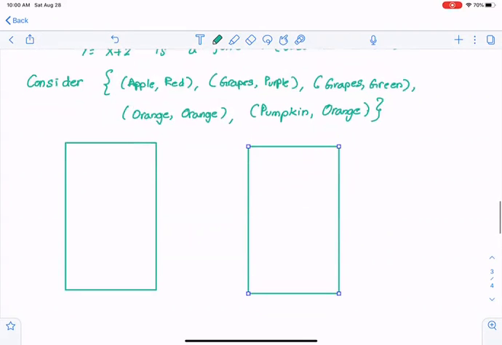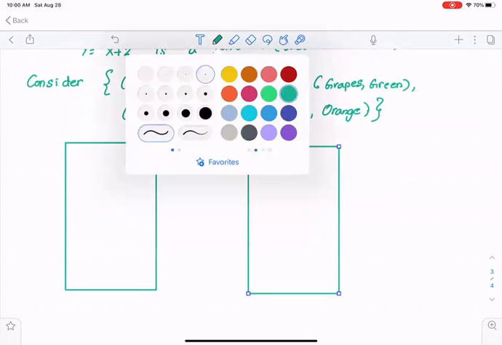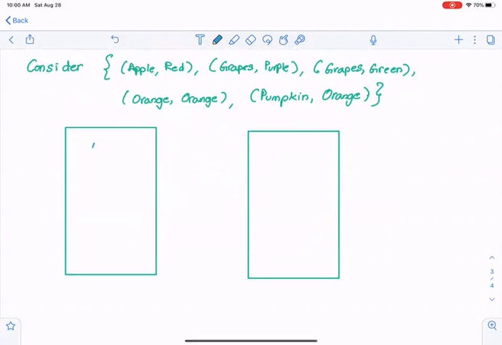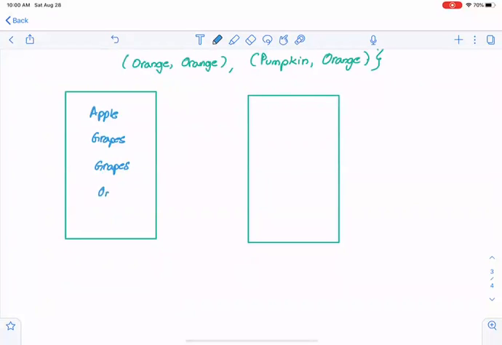So as I mentioned, you don't have to necessarily draw an oval. So we have apple, grapes, orange, and pumpkin.